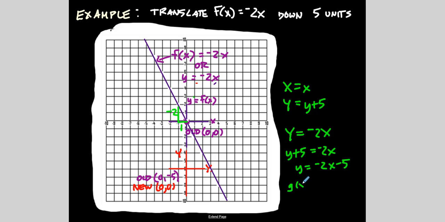So I could also call this function that I'm going to graph in here g of x. That would be negative 2x minus 5. And finally, since f of x is negative 2x, I could write g of x as f of x minus 5, meaning that I'm shifting the function f of x down 5 units, which will put me here.